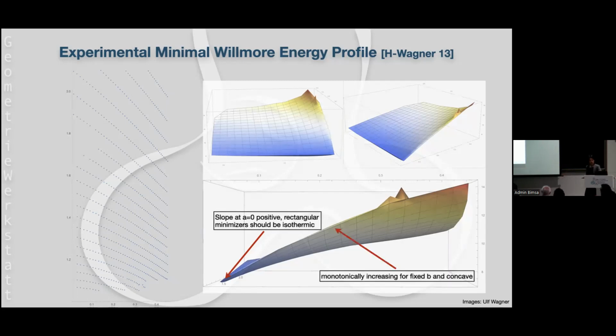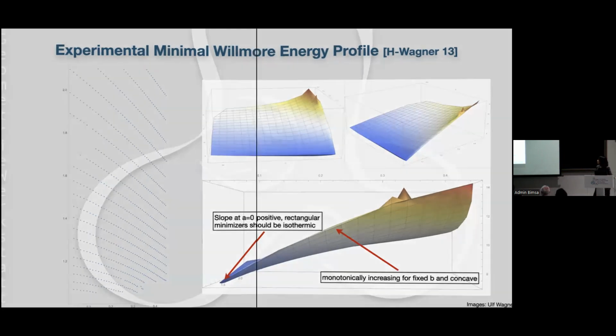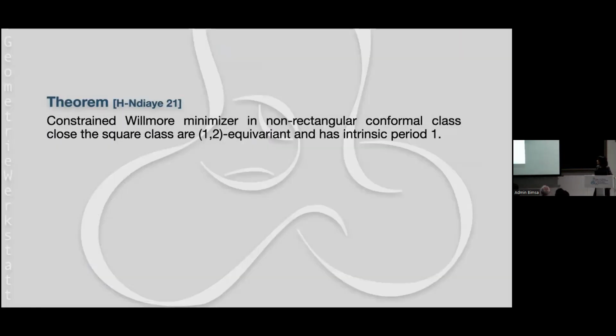The second thing is you can observe that if we fix B to be a certain stripe and go this way, then the minimal energy is monotonically increasing and also concave. Okay, so that's experiments, but what is shown? So me and Cheh and Yai, we have shown, first of all, identified what those surfaces are.